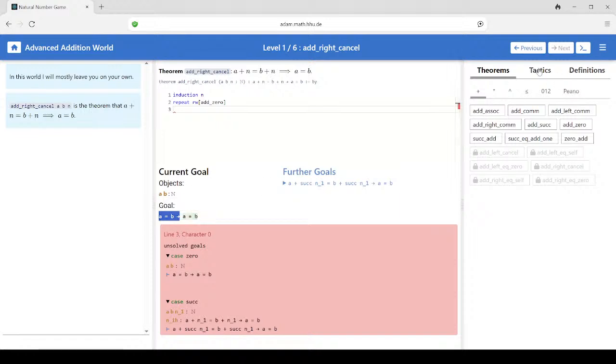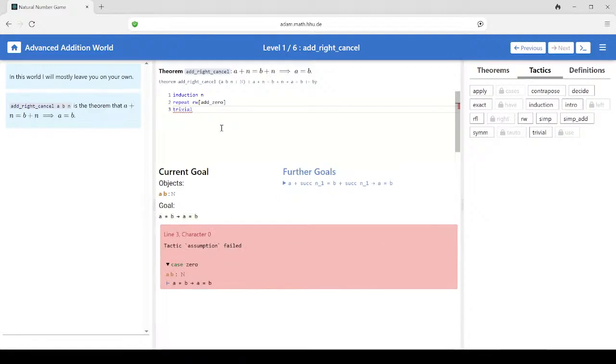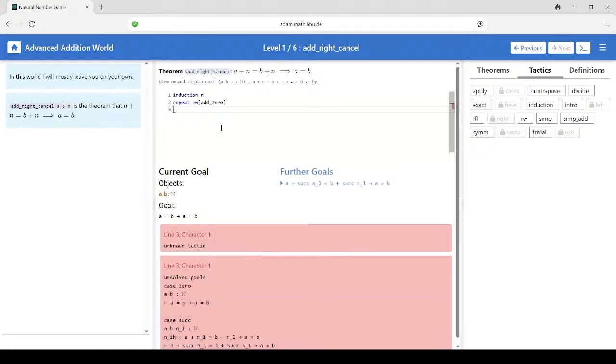surely we have a tactic to prove that, is it trivial? No, it's not trivial.